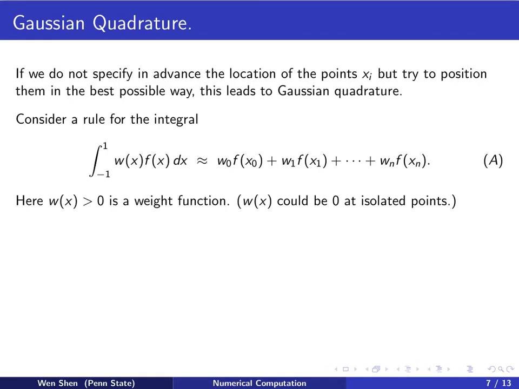Now let's consider a rule for the integral in a more general setting, and I wish to integrate from -1 to 1 w(x) times f(x) dx. So here w is a weight function, and I want to approximate this integration by evaluating the function at points x0, x1, and xn, and then multiplying them by suitable weights wk and adding them up.